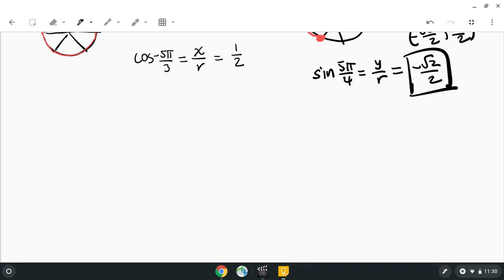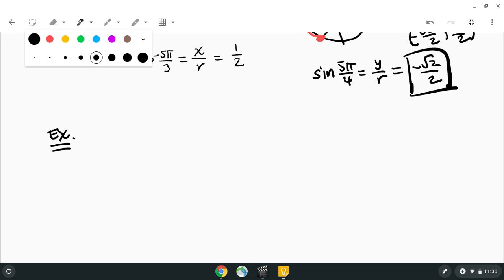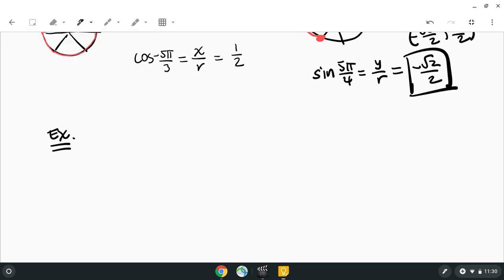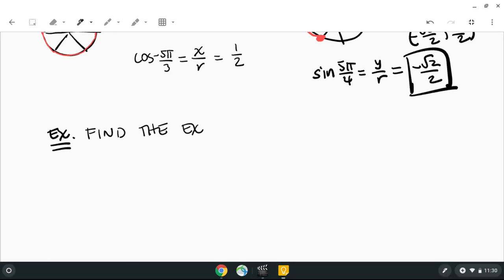All right. Let's take a look at a different kind of example, but very similar. Okay, so let's go ahead and find the exact value. So that means leave it in radical form, no decimals.